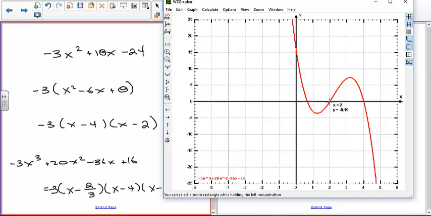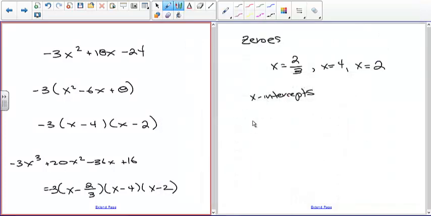And the other x-intercepts, it says 2. Oh yeah, we've got 2 and 4. I just didn't see, there's the 4, there's the 2. So you can see it worked out. The 3 just does some stretching. So that's kind of how it works.